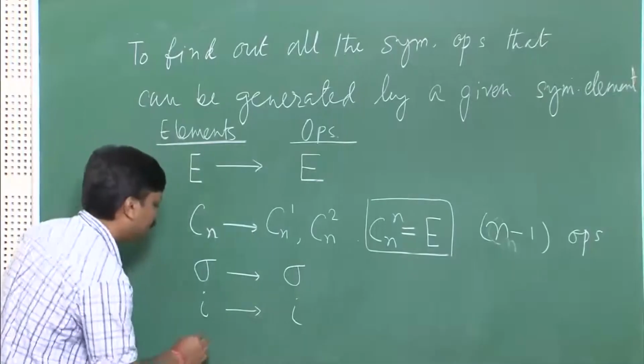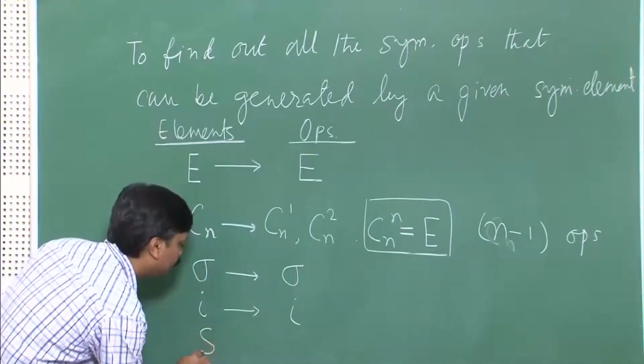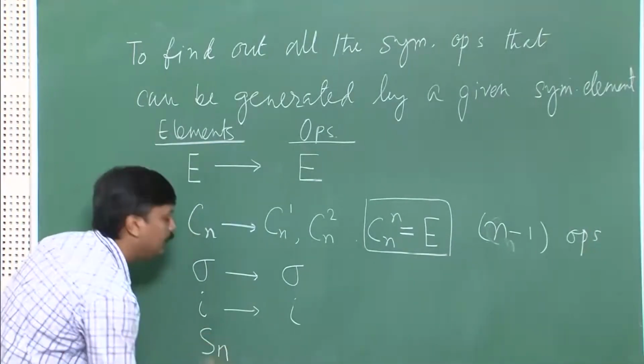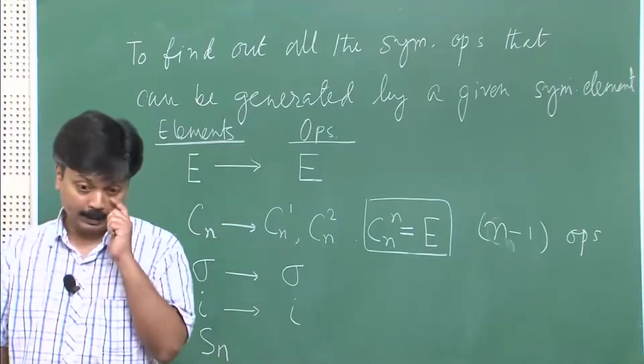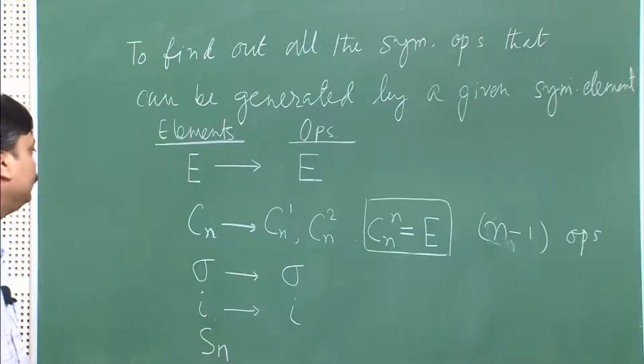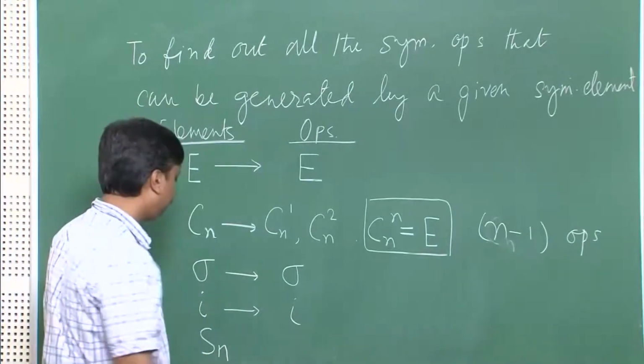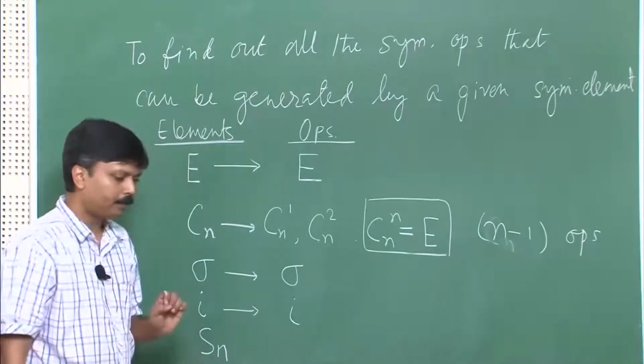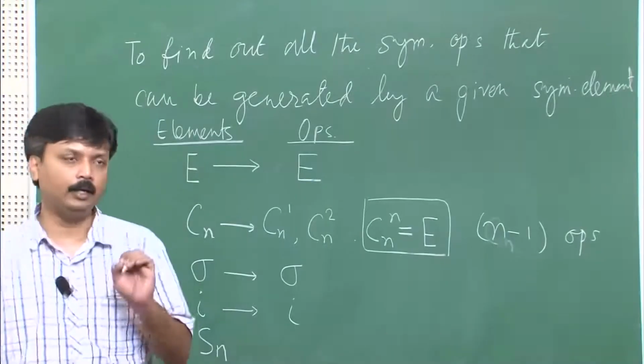Now we are left with the last one, that is the improper axis of symmetry and the symmetry operations generated by this symmetry element. Now here the things are a little bit different.